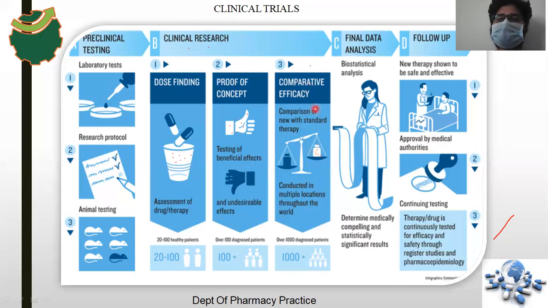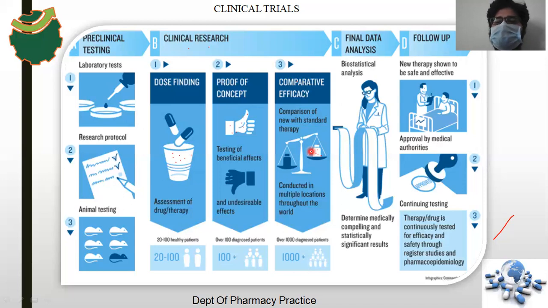If you can see here, there's comparative efficacy, a comparison of the new drug with the standard therapy. Supposing we take NSAIDs or antibiotics, we have a number of antibiotics. All the antibiotics didn't come into the market overnight. Every drug has a different entry level in the market.